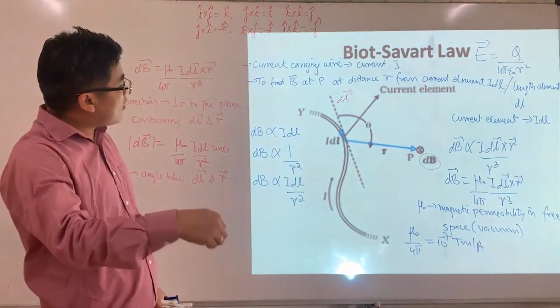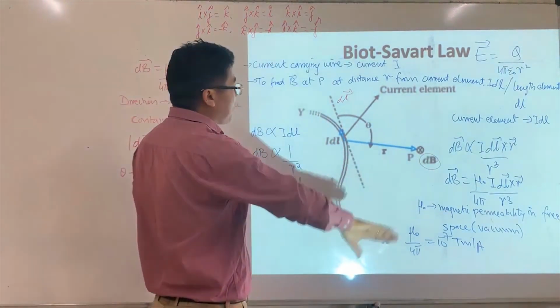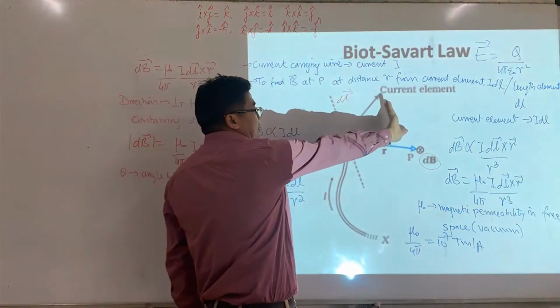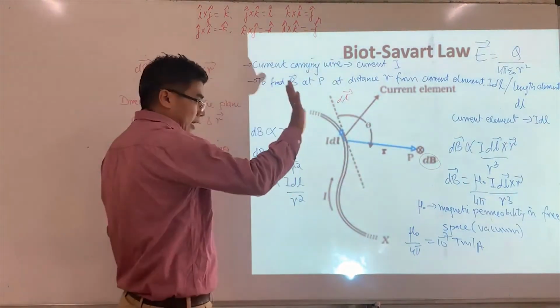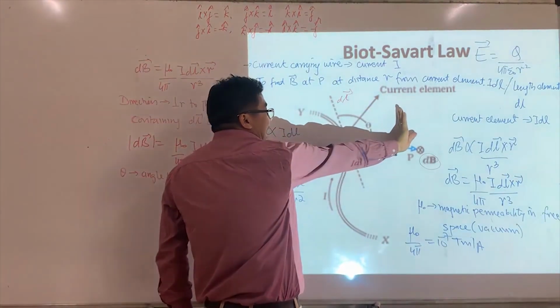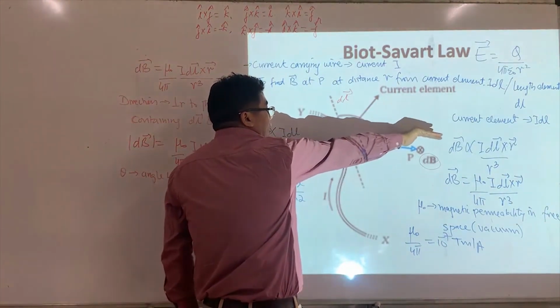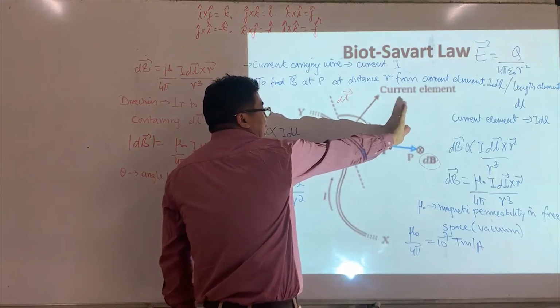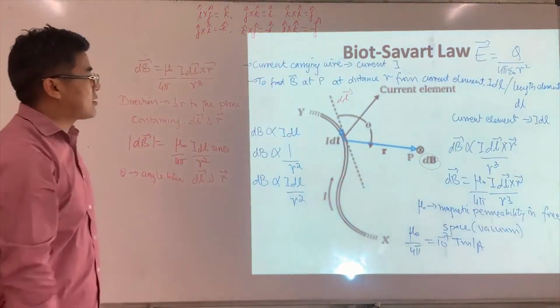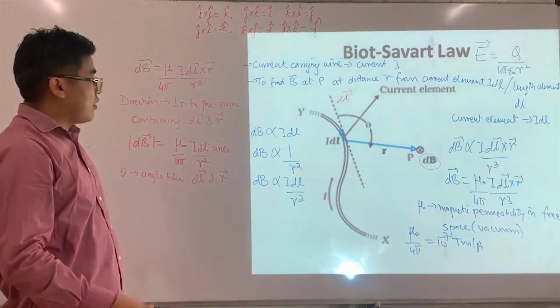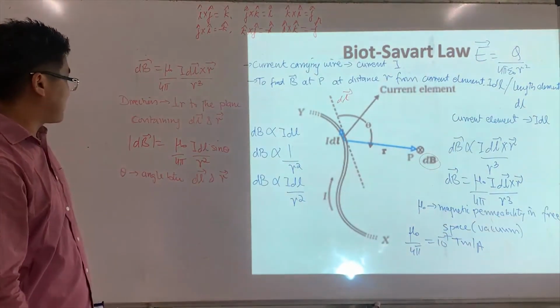Again, I am repeating: dl and r, and the direction of the thumb is the direction of the magnetic field. So this is how we represent it.